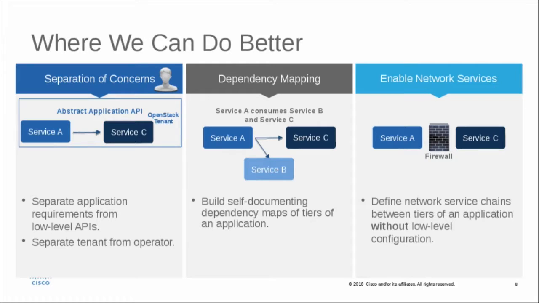We need to separate out the application requirements, or the intent, from the lower level requirements. What VLAN you're using from a network perspective should not be something anyone worries about. What they need to worry about is how their application is designed, how it needs to fit together. All of the operational requirements need to be completely separate from what the tenant and the developers really care about.